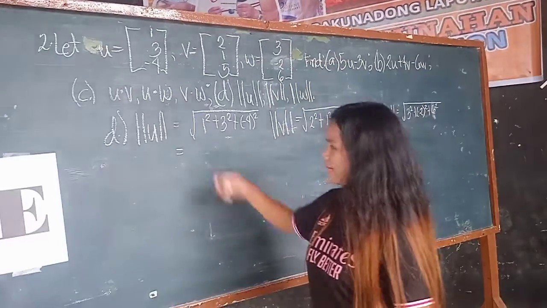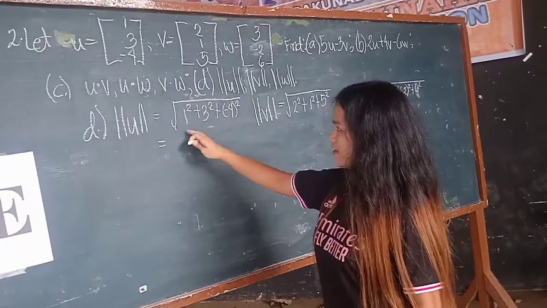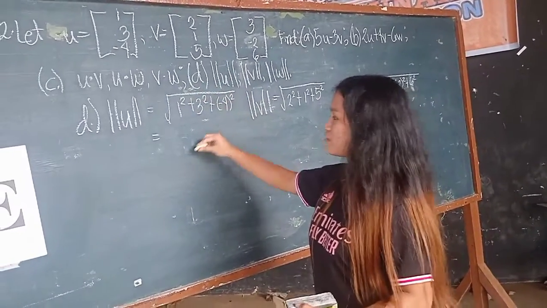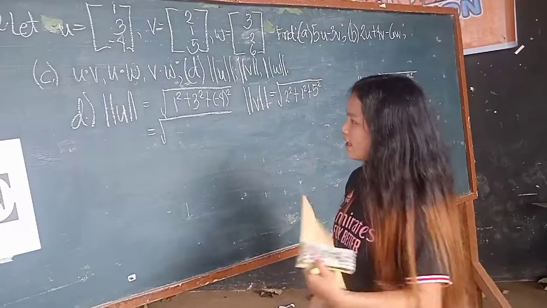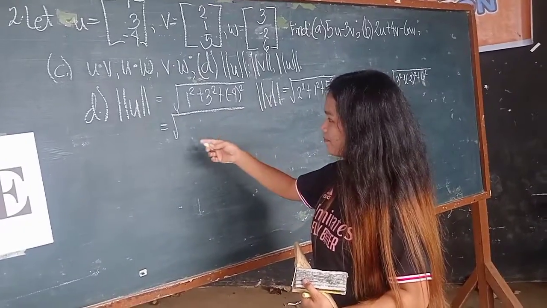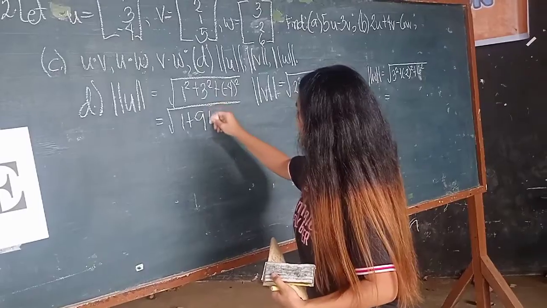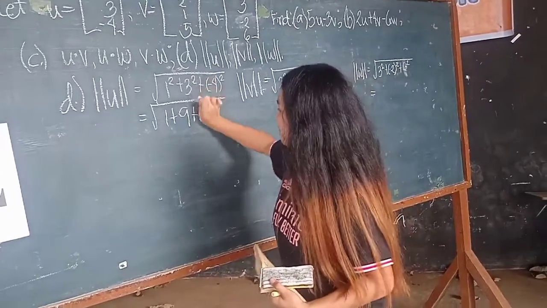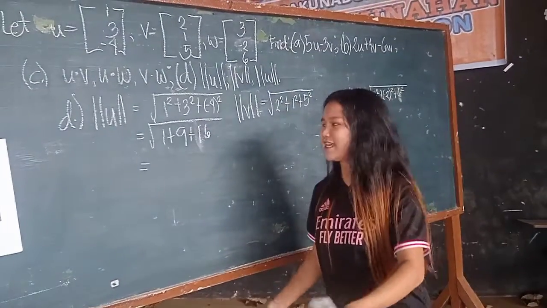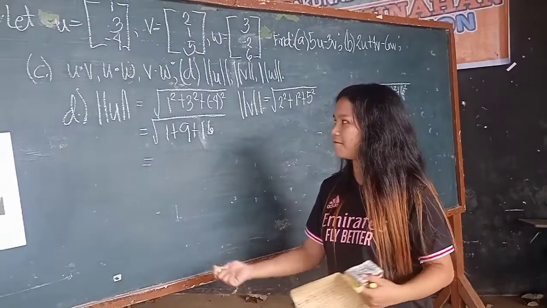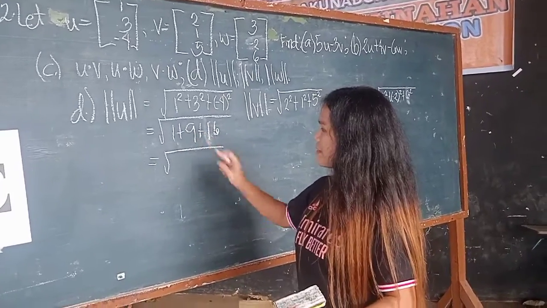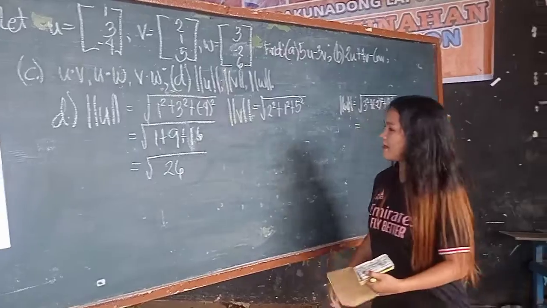Let's start with u. I get the value of u and put the square root of it, which has an exponent of 2, so we multiply each entry by itself. 1 times 1 is 1, plus 3 times 3 is 9, plus negative 4 times negative 4, which is positive 16, because a negative times a negative becomes positive. Then we add: 1 plus 9 equals 10, plus 16 equals 26. And that's it for u.